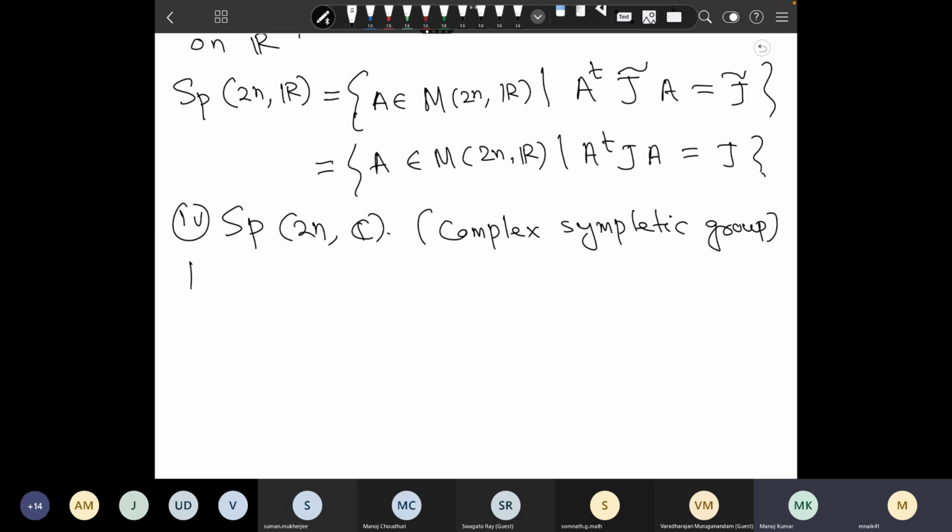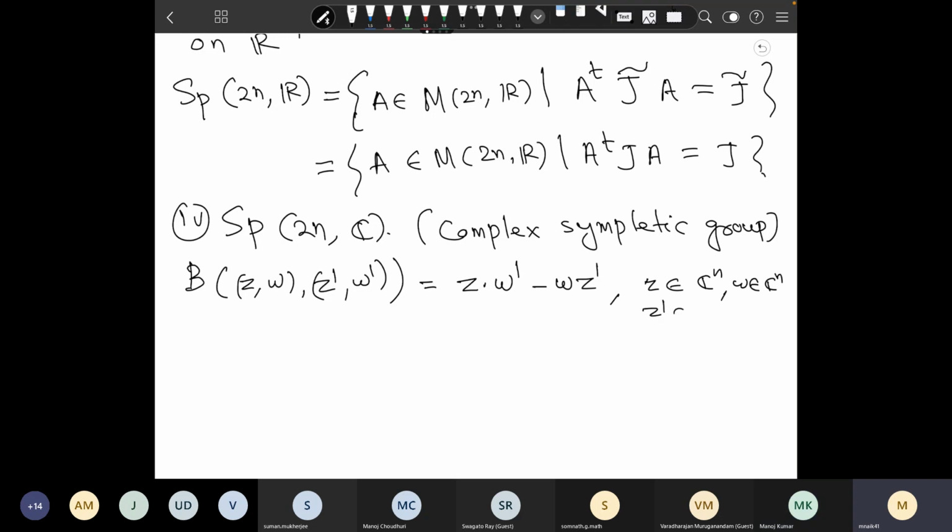You take this B((Z,W),(Z',W')), which is Z dot W' minus W dot Z', defined analogously. Here Z, W, Z', W' belong to C^n.